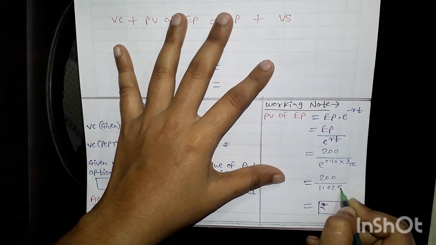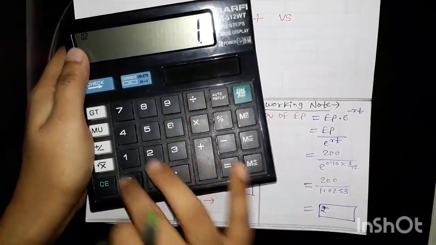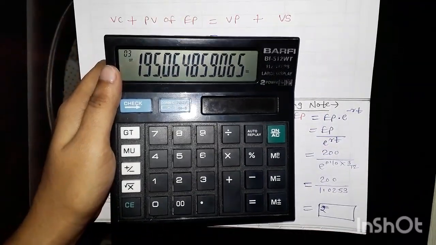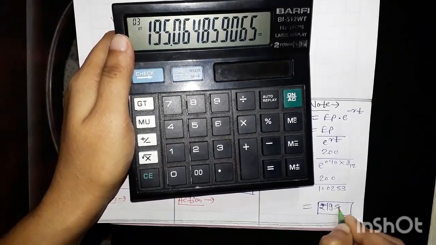I am not going to calculate this again, we will just use the same one. So it was like this: 200 divided by that, rounded off to 2 decimal places, 195.06.